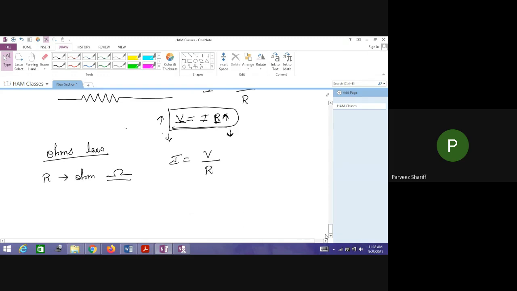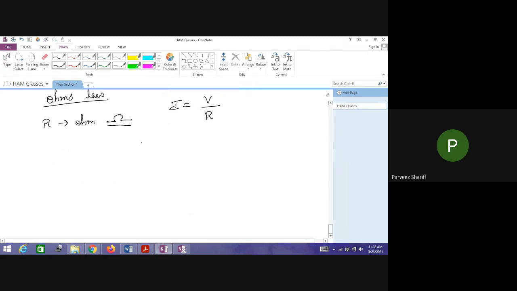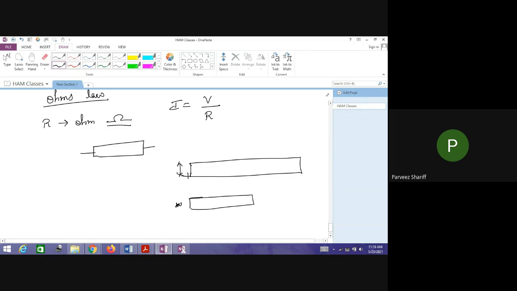Now, it is not only about the conductor having a resistance, or a copper or aluminum metal having a resistance. It depends. For example, if the length of the bar is too large and it has a certain width, and there is a copper wire of the same width but the length is reduced, tell me whether the resistance is more here. Let me call it R1, and here R2.